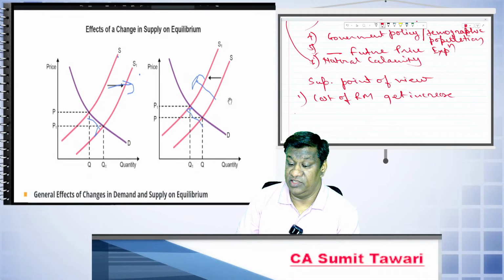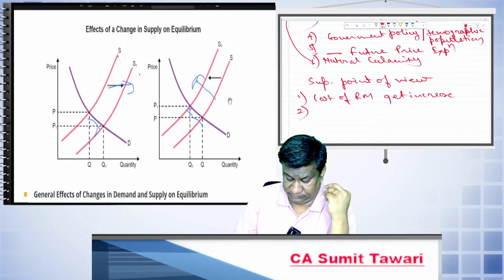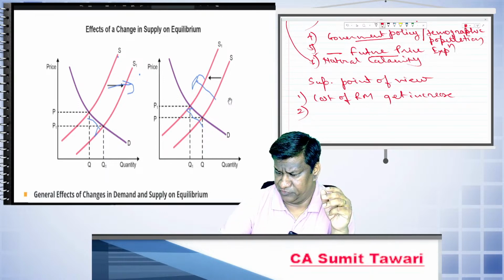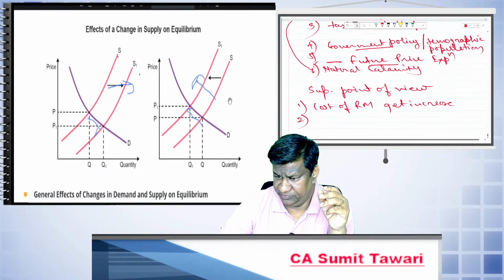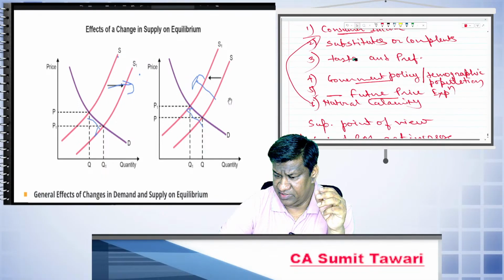Then automatically the equilibrium price gets shifted. And one more example: government policy is also applicable to the supplier, and what we saw for the customer, tastes and preferences. Okay, the rest. Any one more example?